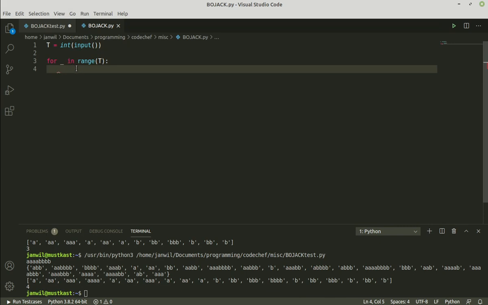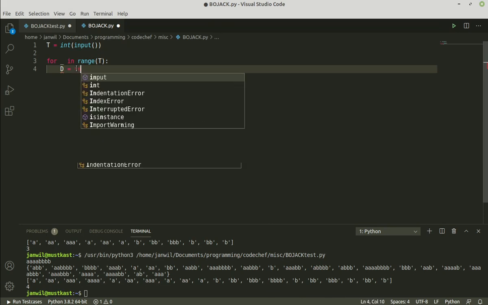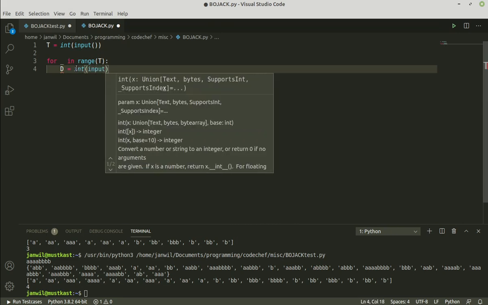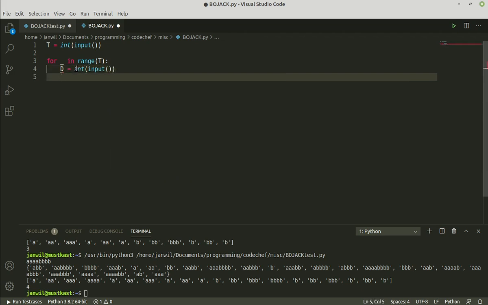And for each of these test cases there is just one input number. Let's read it in.